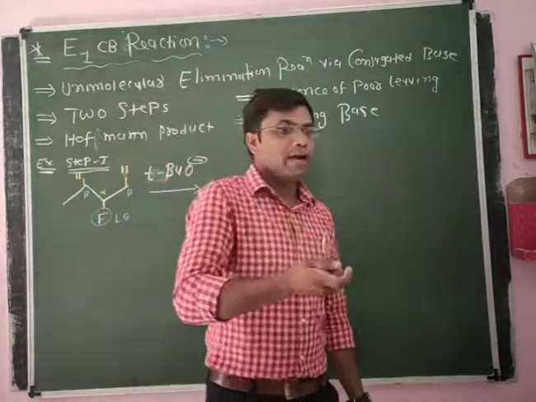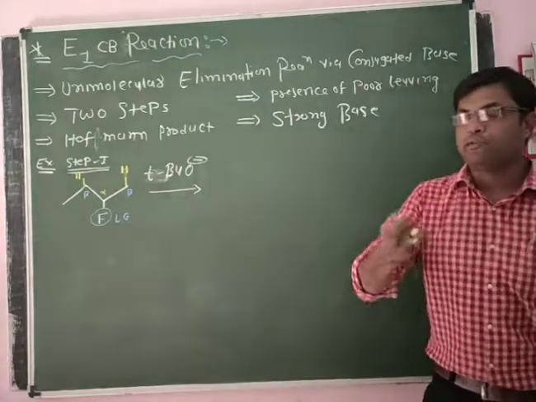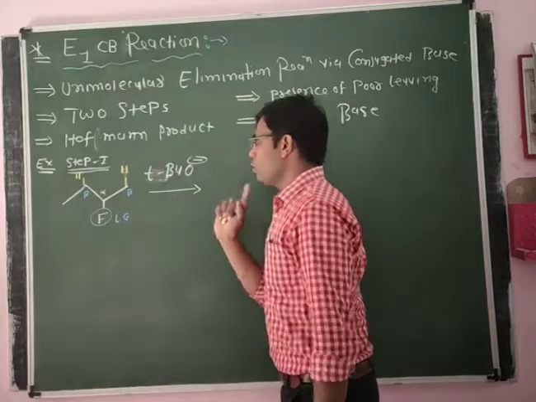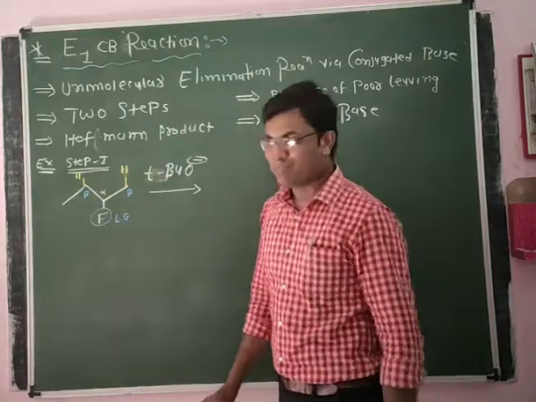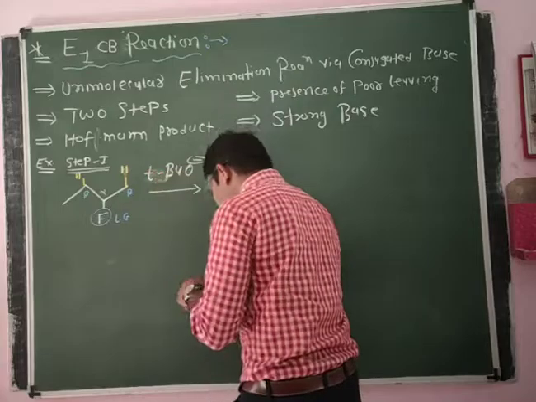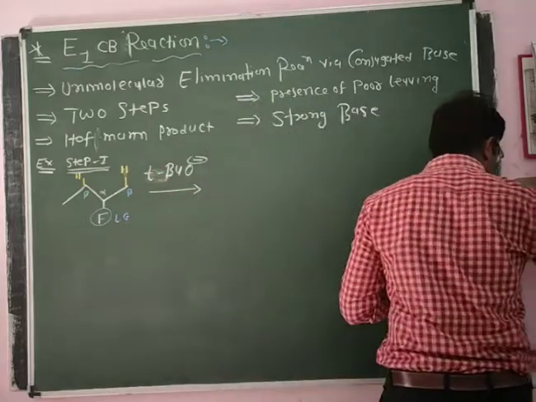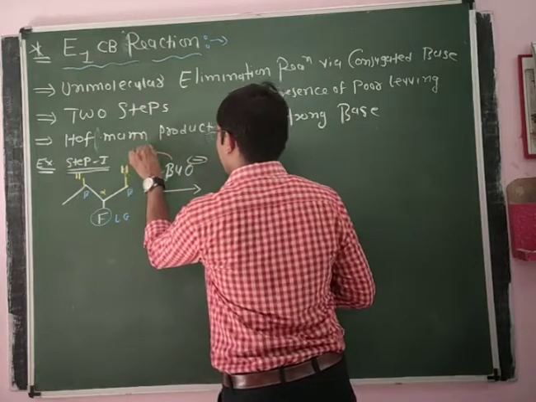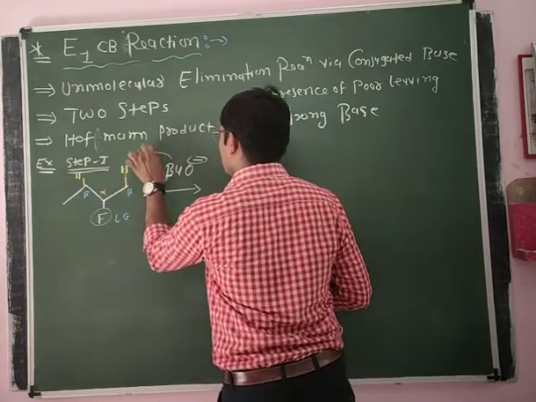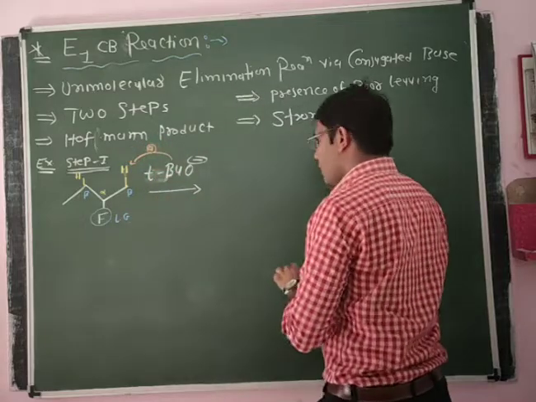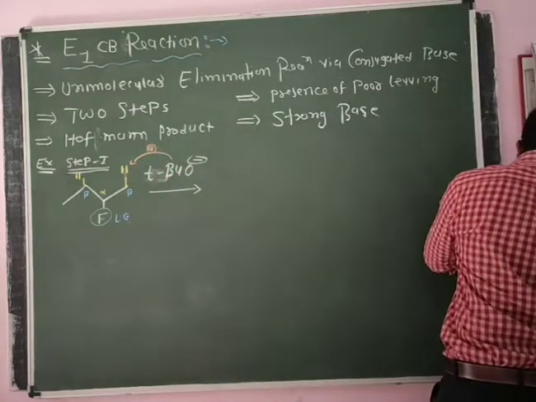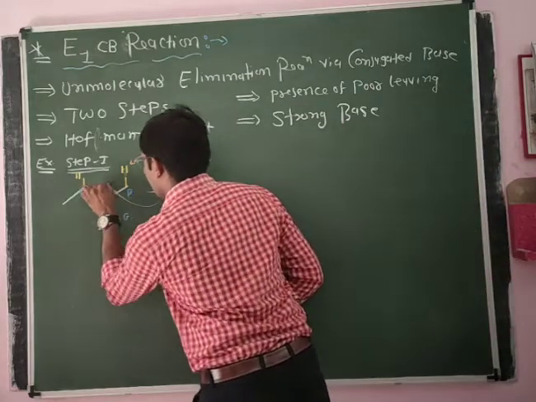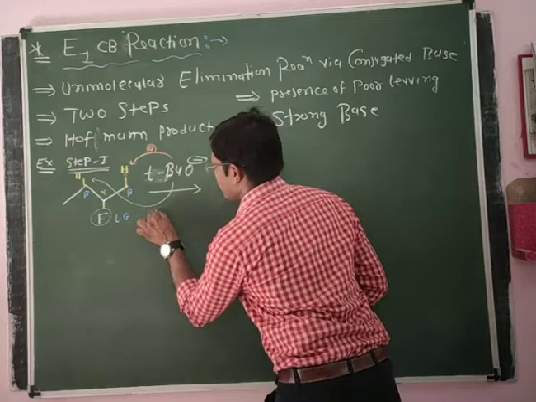So what is the role of the base? You know very well, base abstracts a proton, and here we have 2 beta protons. So there are 2 possibilities. Either tertiary butoxide attacks this beta hydrogen, suppose we can say it is the A route, or it attacks the second beta hydrogen, and this one is the B route.